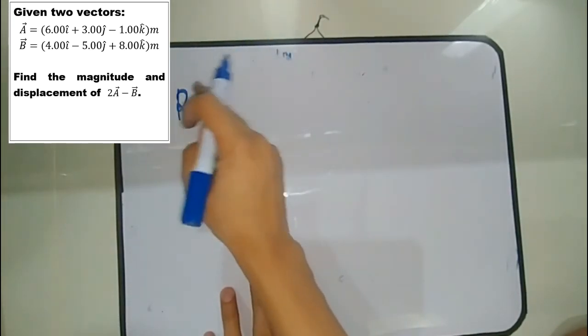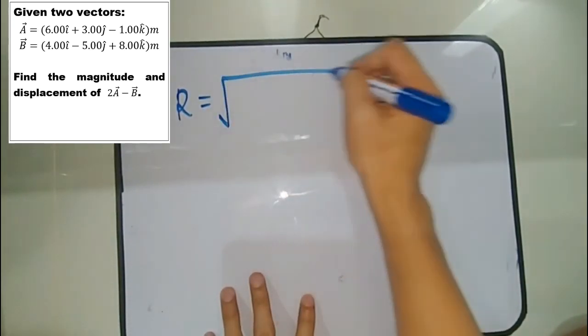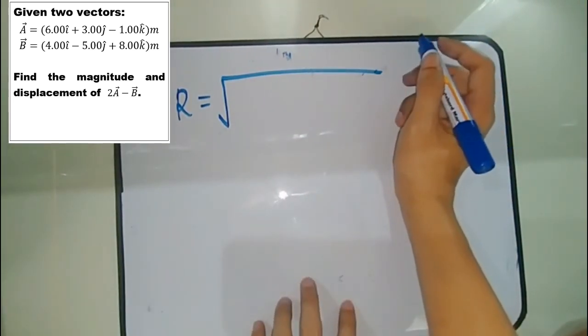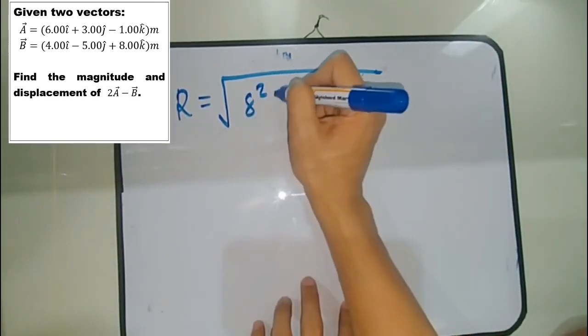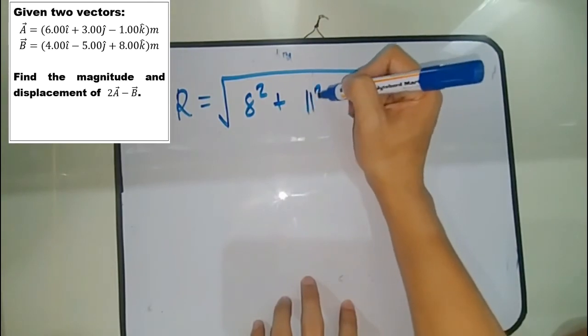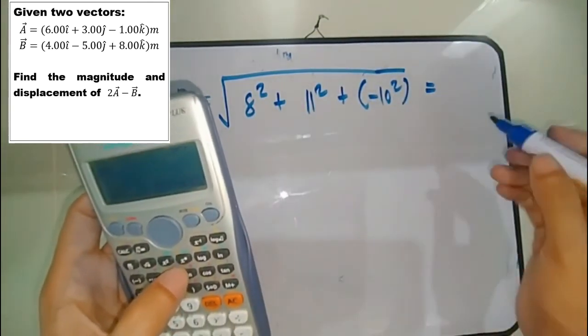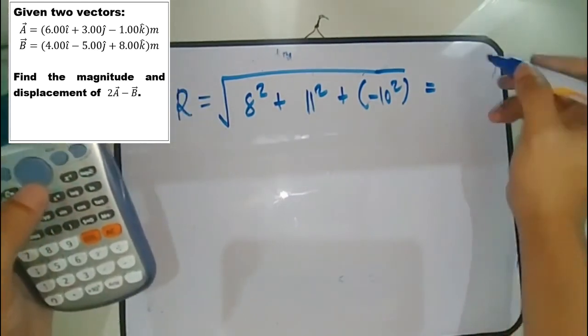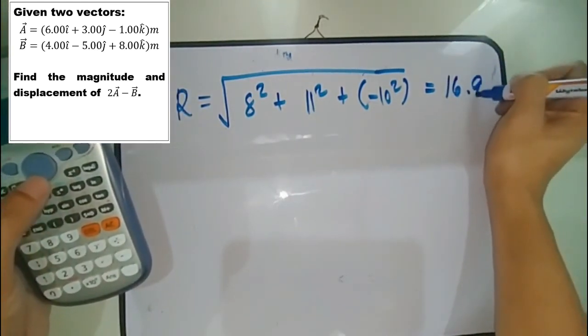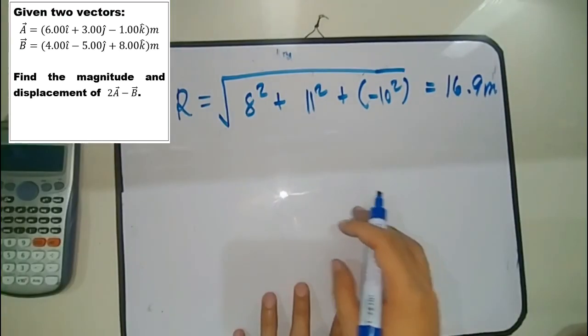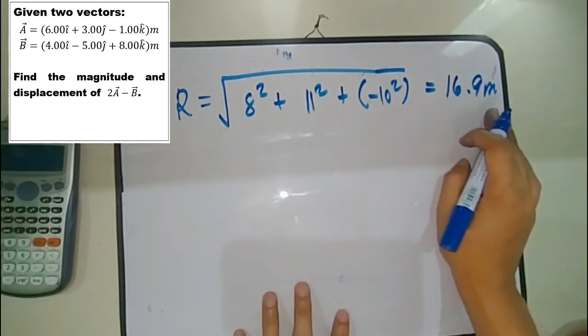Huwag natin ilagay yung arrow kasi ang kinuha muna natin is yung magnitude niya. So, this is 8 squared plus 11 squared plus negative 10 squared. So, this is 16.9. So, unit na guys is meters. So, ito guys yung magnitude ng vector natin.